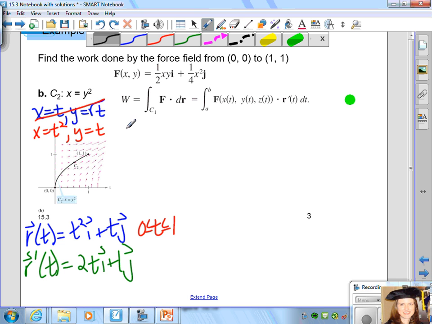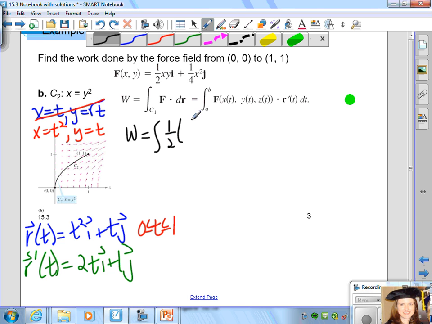Now let's go ahead and write our line integral for work. The line integral is F dot dr, and this is found by taking the vector field, the force field, and replacing any x with what it equals on the path and y with what it equals on the path. So it's going to be 1/2.